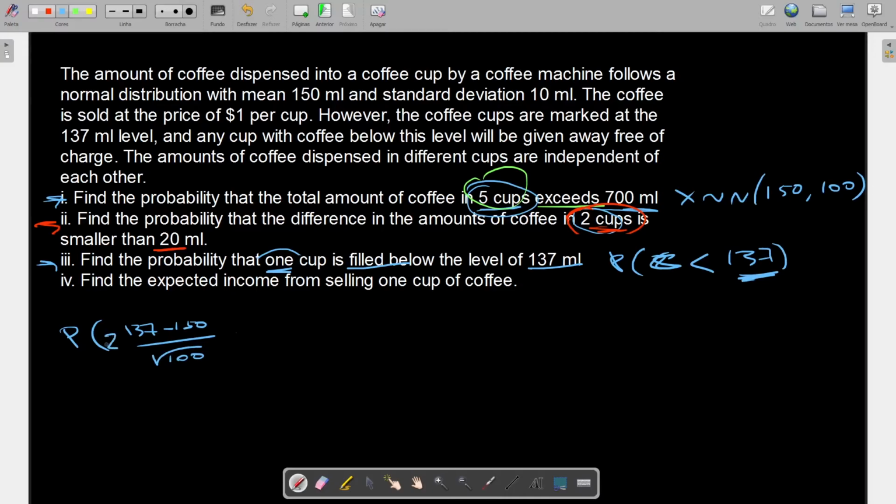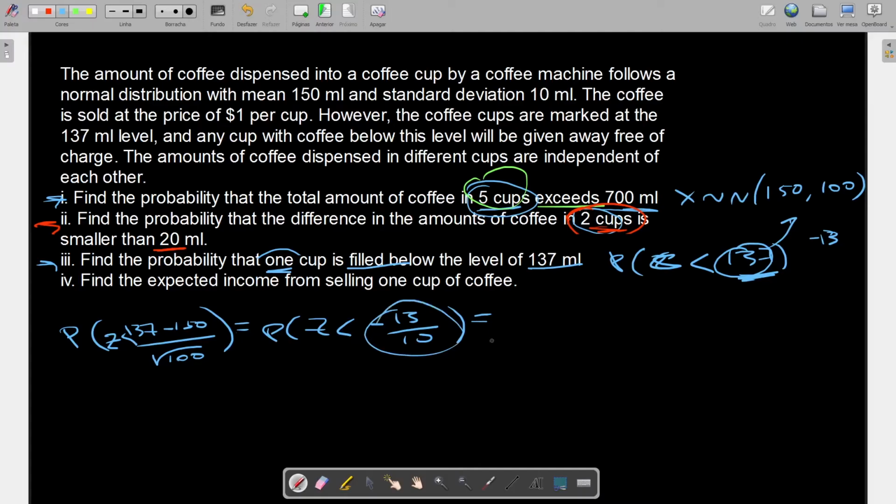So what's the probability of Z being less than this number? And you'll find that this is the probability of Z being less than minus 13, because it's 137 minus 150, that's minus 13. So 13 divided by 10. If you check out the entry for this value in the table, remember when we have a negative number, every time that you have a negative number, I always do it like this in order to not get the wrong number.